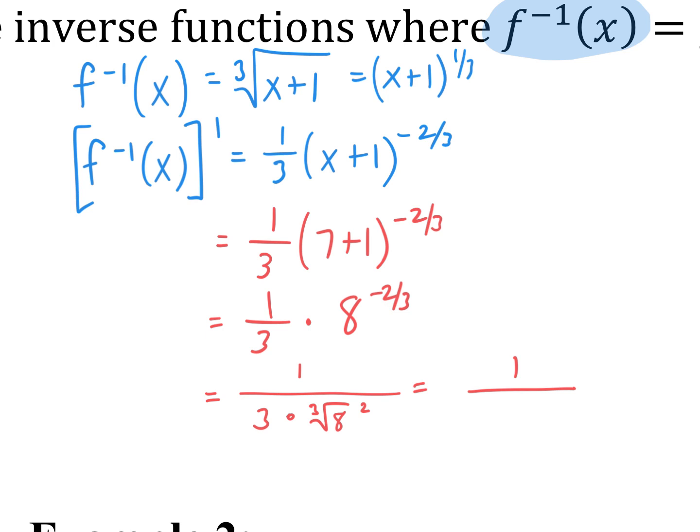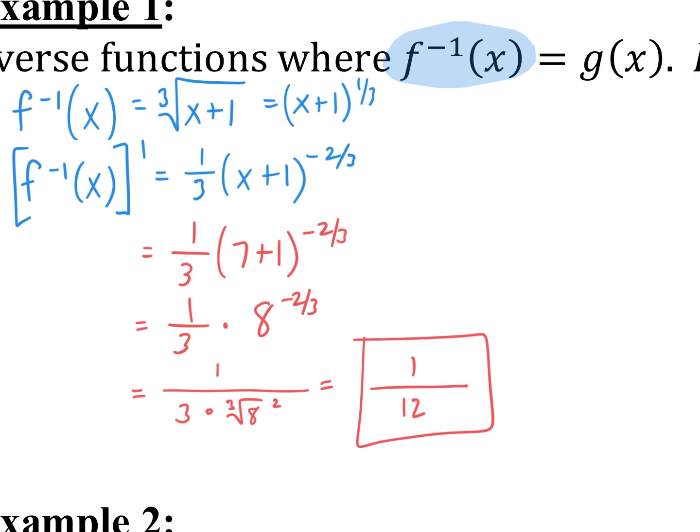So this is 3 times 4, which is 12. So I have 1/12 is the derivative of my inverse. So algebraically find the inverse by switching your x's and y's, and then take the derivative of that function after you've solved for y, okay?